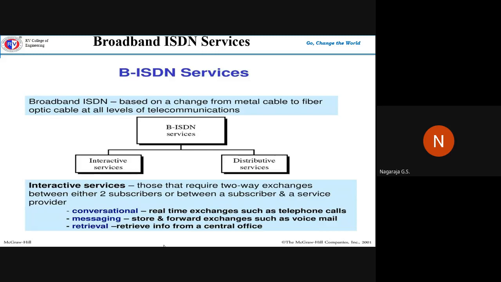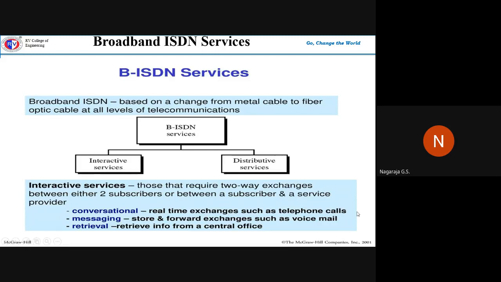So some kind of data movement or communication happens further and further, with a very specific message communication between two ends. That's what you have as different types below. One is conversational: real-time exchanges such as telephone calls.